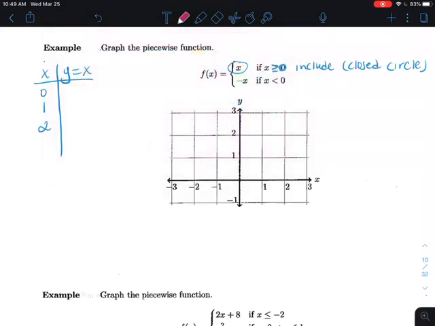So y equals 0. So plug in 0 for x. So this is a point 0, 0. This is y equals 1. So this is the point 1, 1. This is y equals 2. So this is the point 2, 2. So when I graph this, I have a closed circle here. So that's 0, 0, 1, 1, and 2, 2.